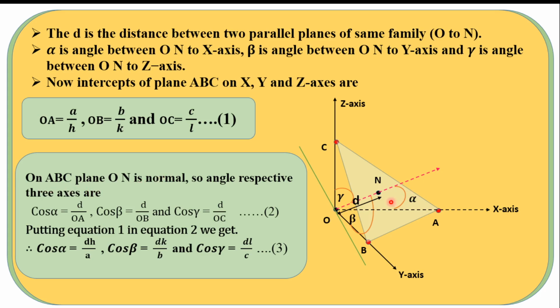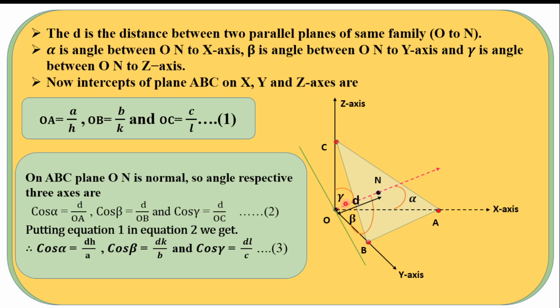On the ABC plane, ON is the normal, so consider the angles with respect to the three axes. This and this are parallel planes, and this distance is the normal that we have drawn.